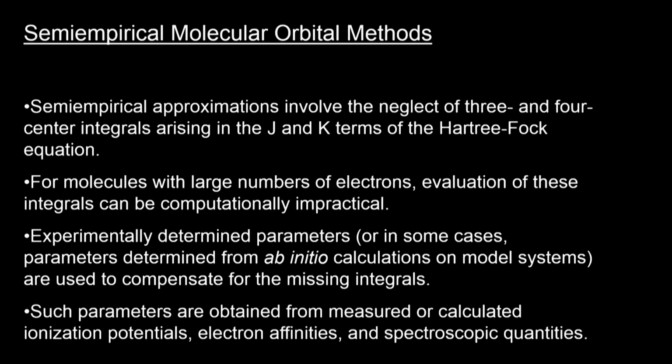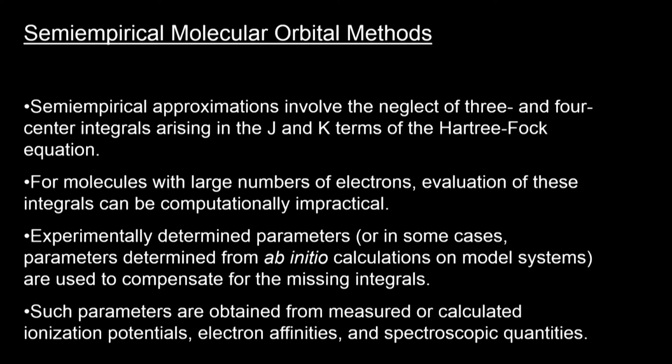There are many semi empirical molecular orbital methods, approximations which involve the neglect of 3 and 4 center integrals arising in the J and K terms of the Hartree-Fock equation. So, we neglect 3 and 4 center integrals, okay. For molecules with a large number of electrons, evaluation of these integrals can be computationally impractical.